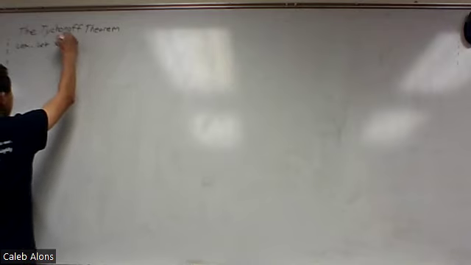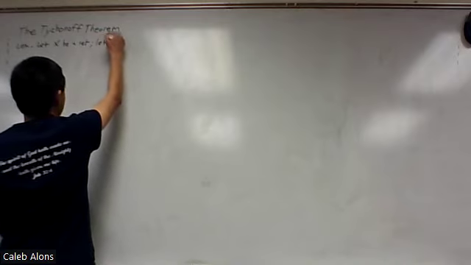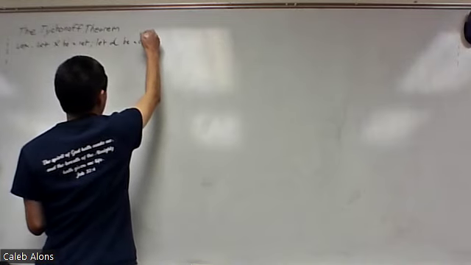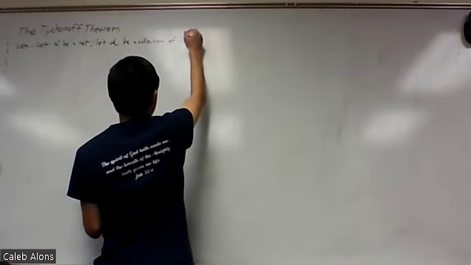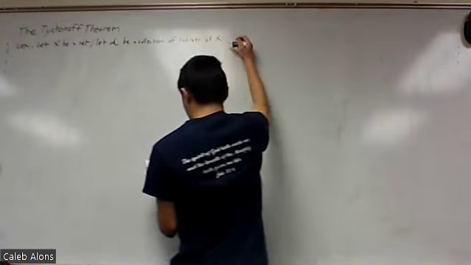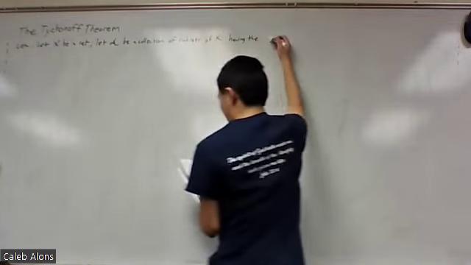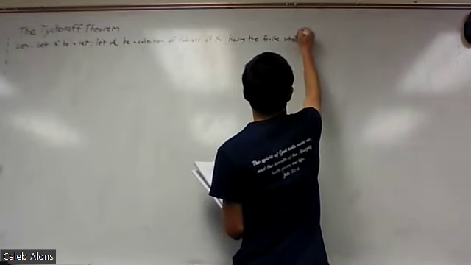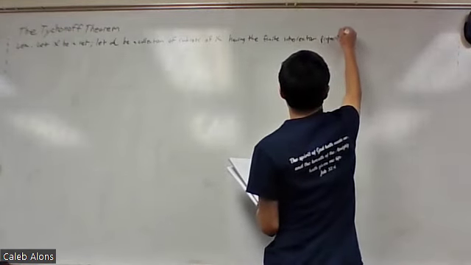So let X be a set. And then we also want a collection of subsets of X having the finite intersection property.